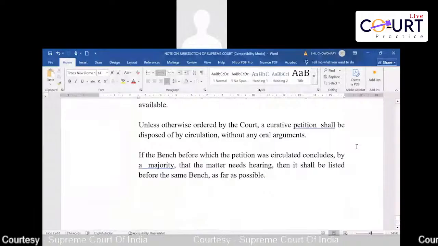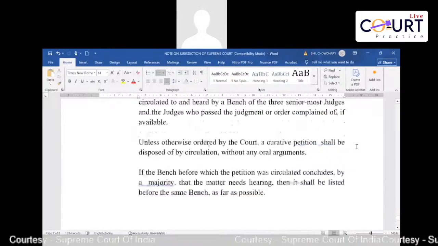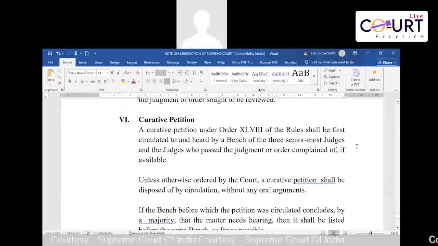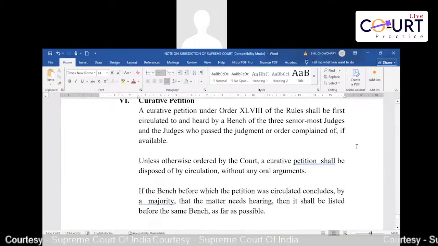If the bench before which the petition was circulated concludes by a majority that the matter needs hearing, it will be listed before the same bench as far as possible. Now, if you see the rules, it provides a procedure that it has to be certified by a senior advocate as well as by the advocate on record that it is a fit case which requires filing of a curative petition.